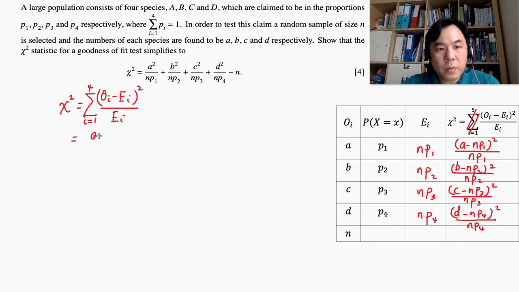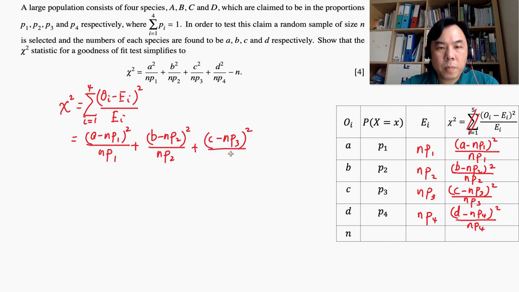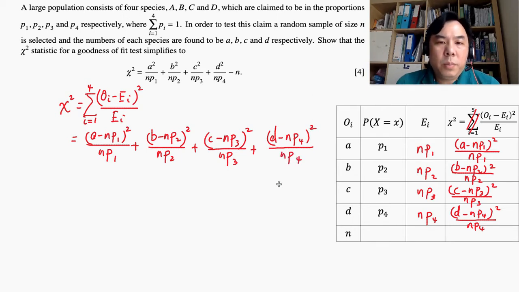Now therefore I have a n p1 square. Okay, now what comes next is purely algebra.